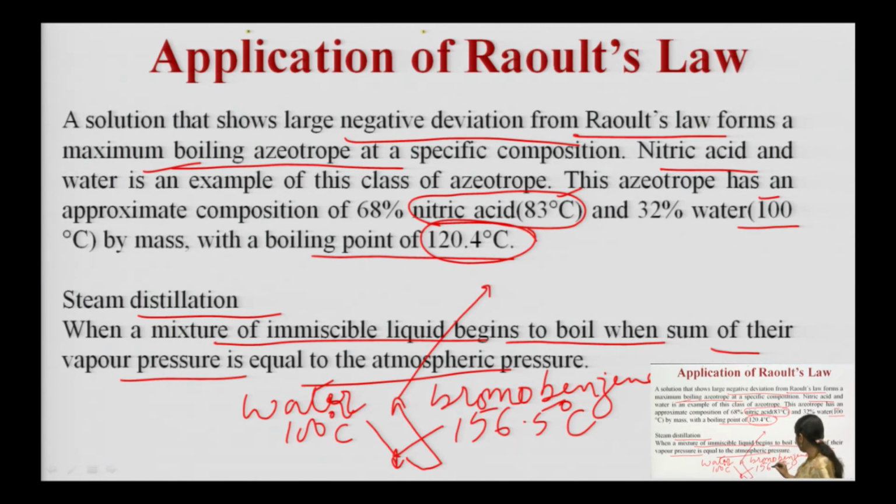When these two are mixed together, they start to boil together at 95 degrees Celsius, though they boil at different compositions. That means we can separate out bromobenzene at a temperature 61 degrees Celsius lower than the boiling point of bromobenzene.